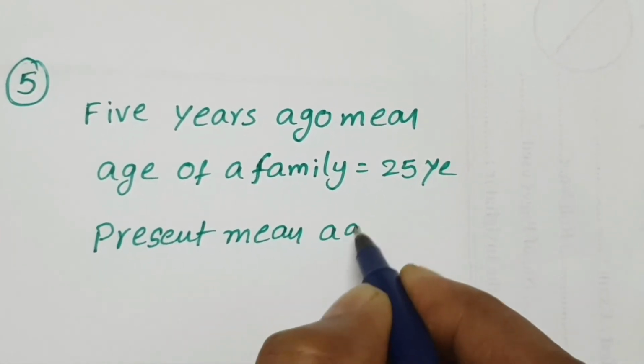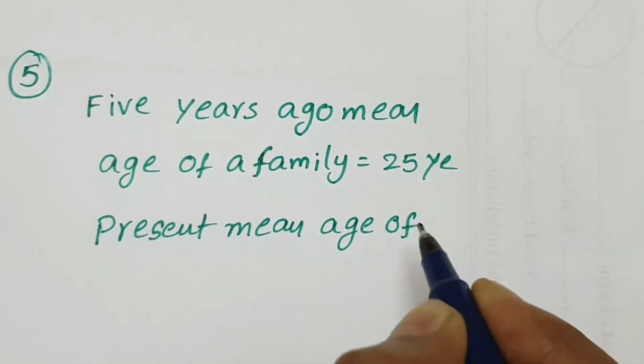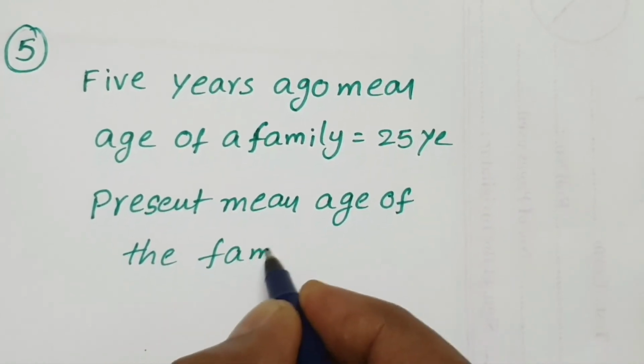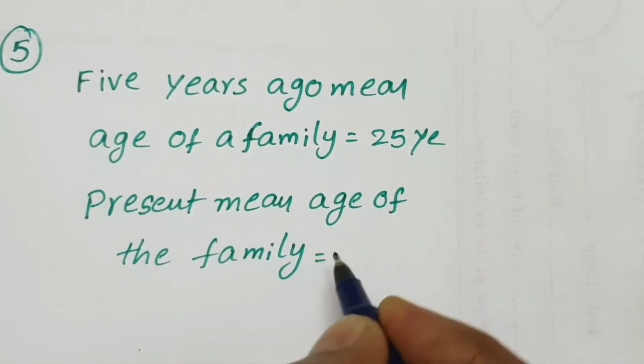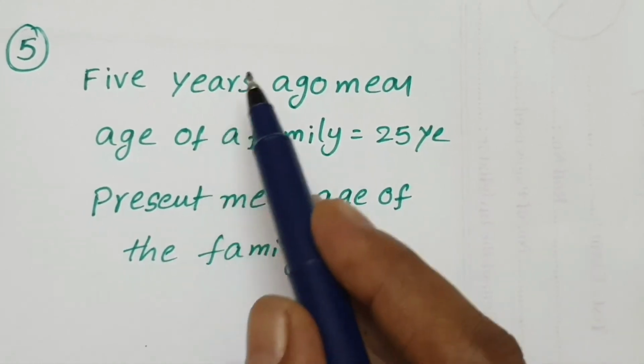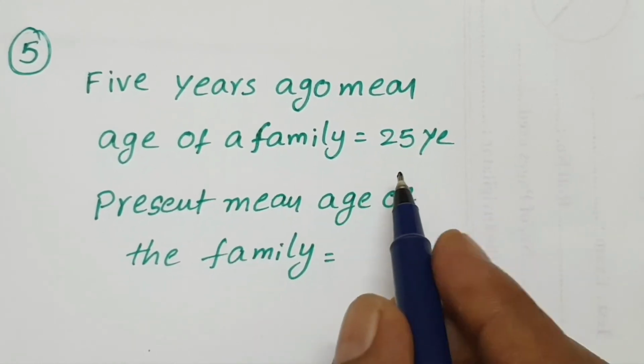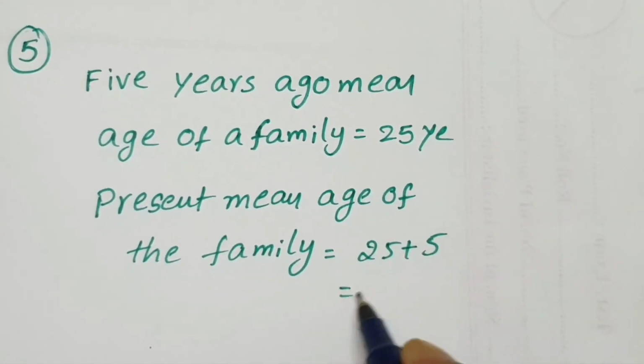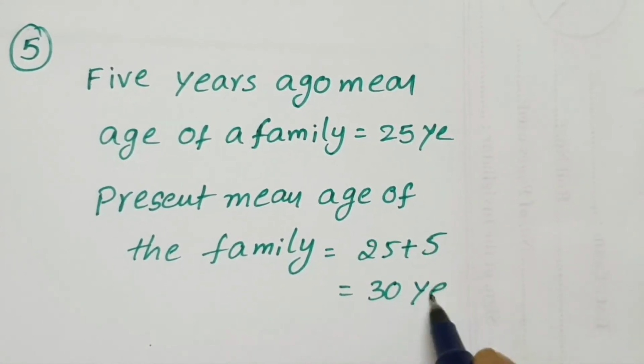Present mean age of the family: 5 years ago means now present age 25 plus 5 equal to 30 years.